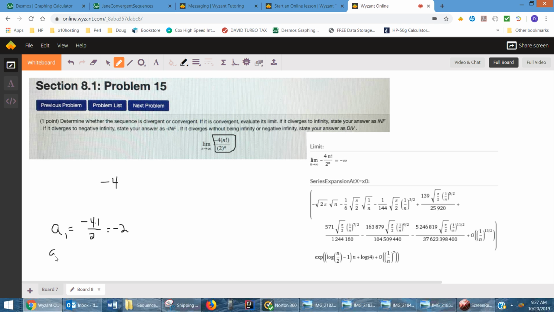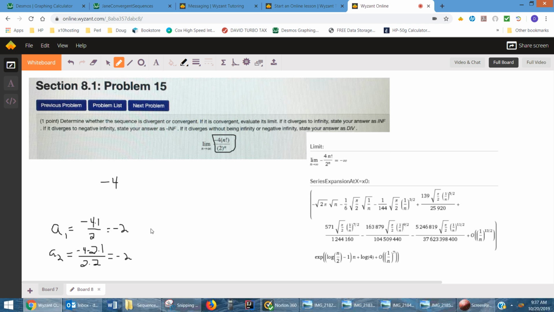A sub 2 is equal to negative 4 times 2 factorial, which is 2 times 1, divided by 2 to the second, 2 times 2. And I get negative 2 again.